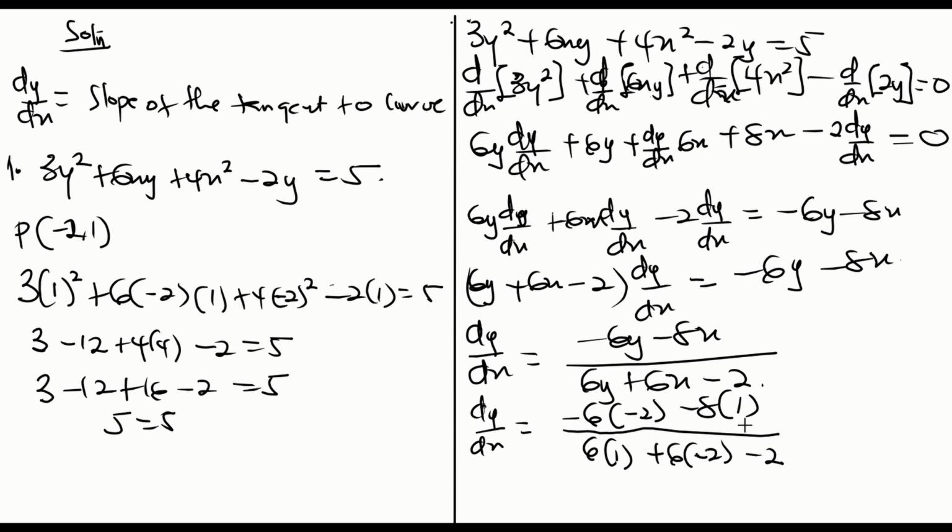When we simplify this further, this is going to be positive 12 minus 8 all over 6 minus 12 minus 2. When we simplify all that, we get 5 over minus 4. Okay, then we are okay to go. Let's put that over here.